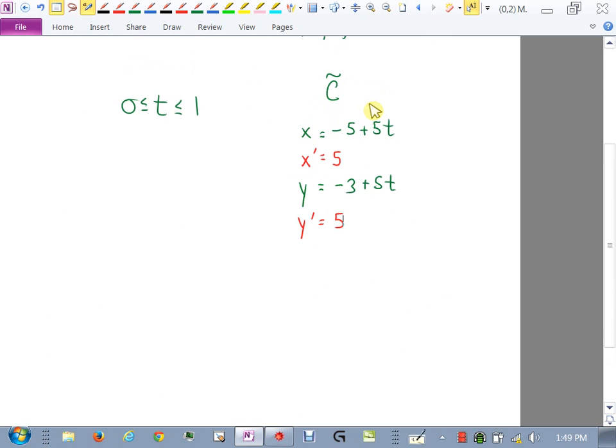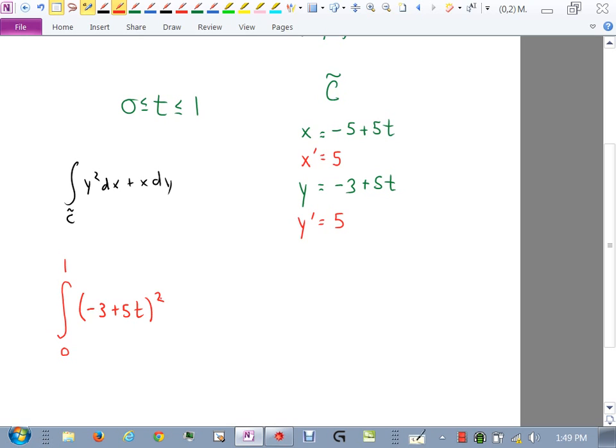Okay, here it goes. The line integral from 0 to 1. Now I'll just write it up here. I'm doing y squared dx plus x dy, right? That's what we're trying to do. C tilde. So what is y squared? -3 plus 5t squared.